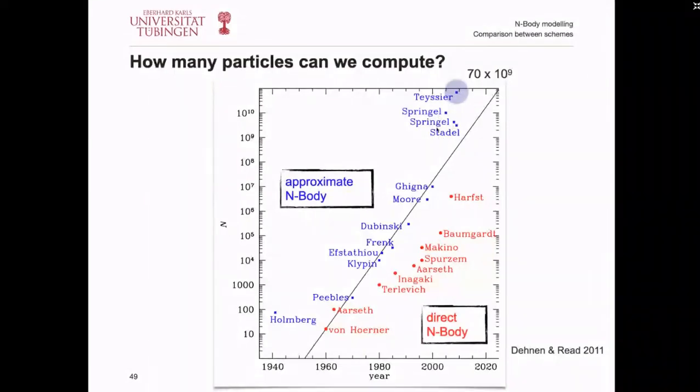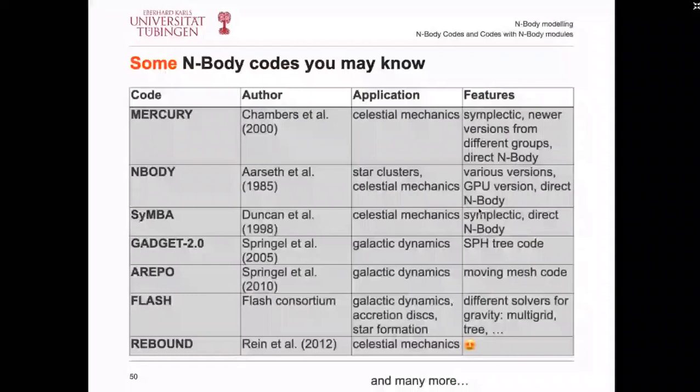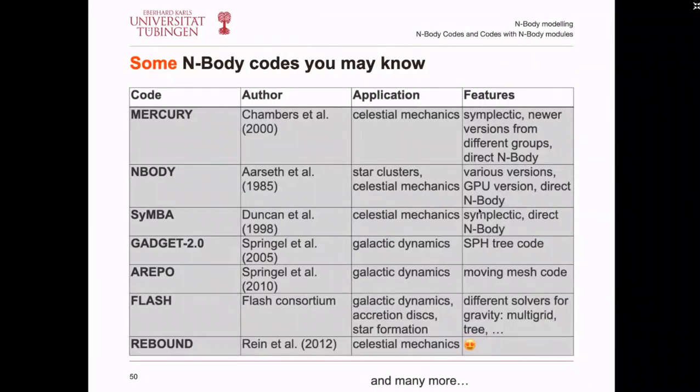And these are all codes running on high-performance computing hardware. So I have for you on the next slide maybe a nice overview of some n-body codes that you may know that float around in the community. These are the famous Mercury code, which was written by John Chambers in 2000, which is a celestial mechanics code.